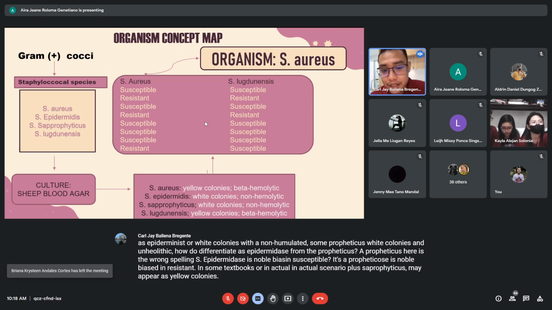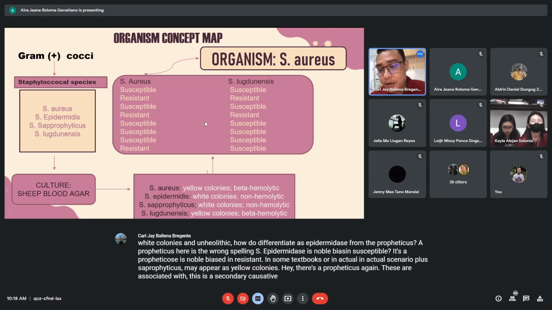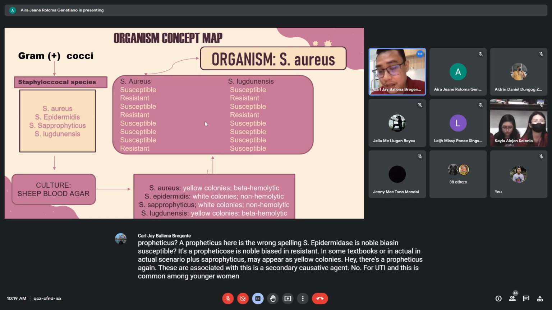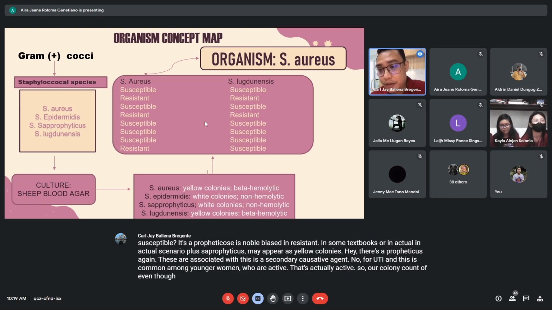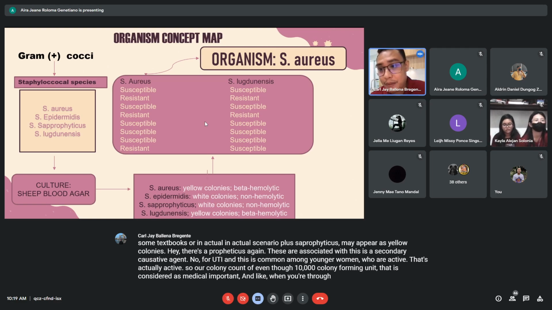Your saprophyticus is a secondary causative agent for UTI, and this is common among younger women who are sexually active. So a colony count of even 10,000 colony forming units is considered medically important, unlike a true UTI, which should be 100,000 CFU.